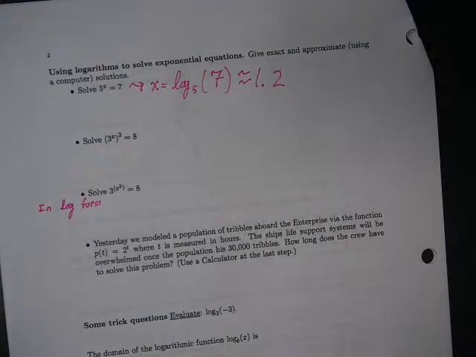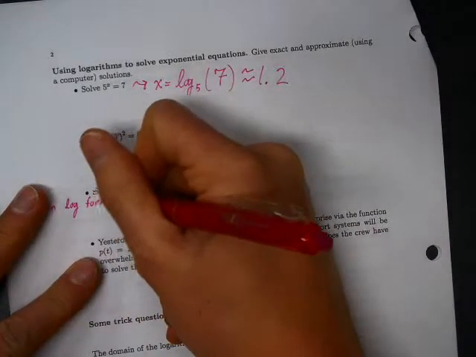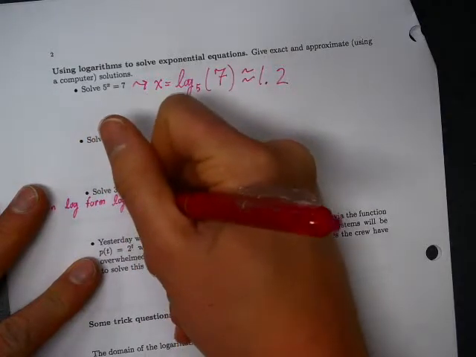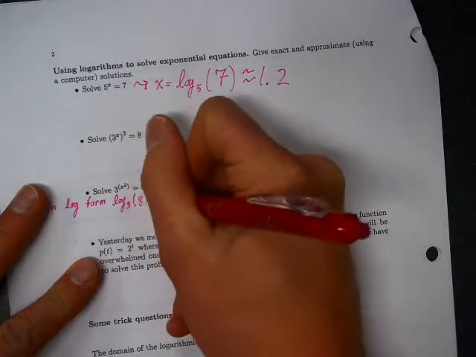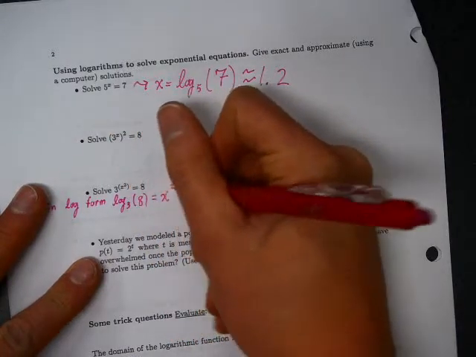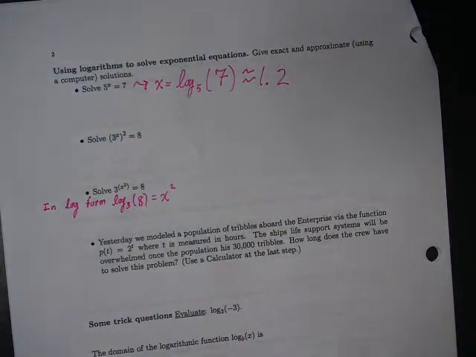What's the base? 3. So the log base 3 of the thing on the other side of the equation, 8, is equal to the thing in the exponent, x squared. Okay, cool.